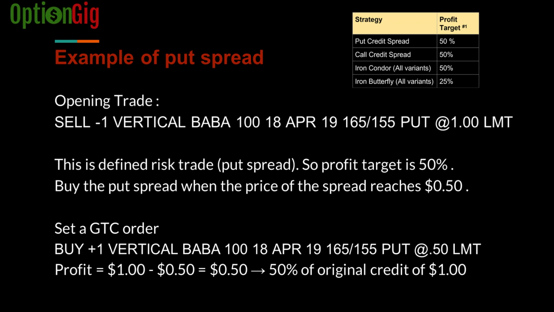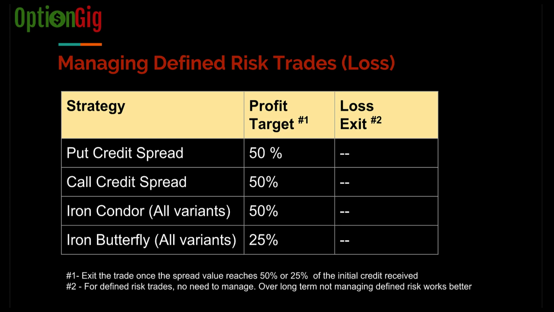Let's look at how about the loss. Interestingly, we should not manage a trade that is making a loss if it is a defined risk trade. This goes very contrary to common belief. The reason we should not actively manage the losing trades is that we already know what the risk on this trade is.